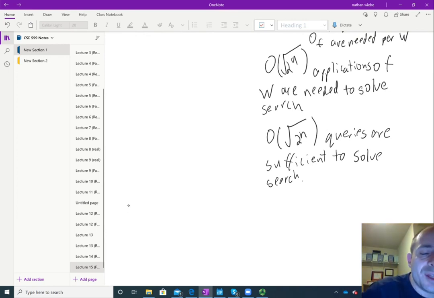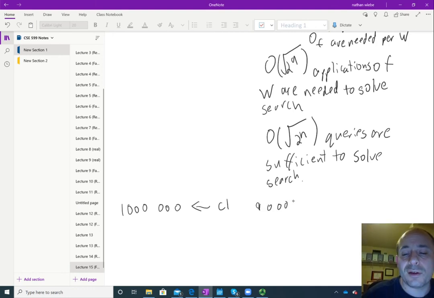So what if we had an unsorted database, for example, with 1 million entries? Then roughly speaking, if we wanted to do this with a classical computer, we would need to go through 1 million minus 1 in order to be able to find the location of the marked element in a worst case scenario.